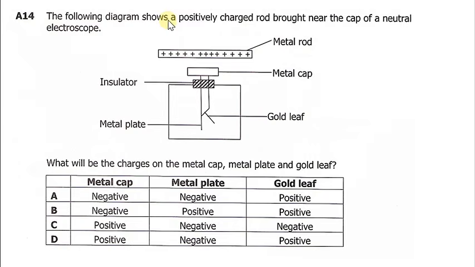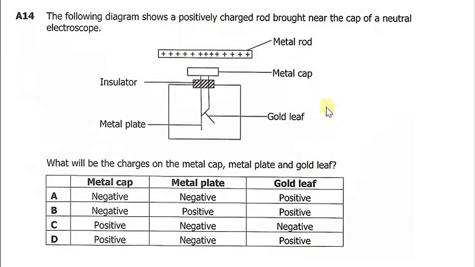The following diagram shows a positively charged rod brought near the cap of a neutral electroscope. In this diagram, we have a positively charged rod, which is this one here, being brought near the cap of a neutral electroscope.